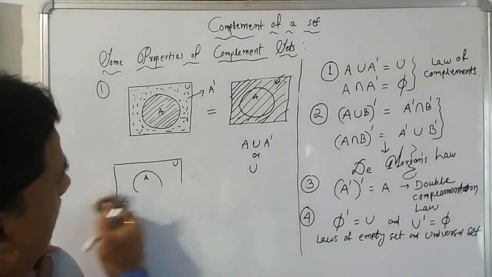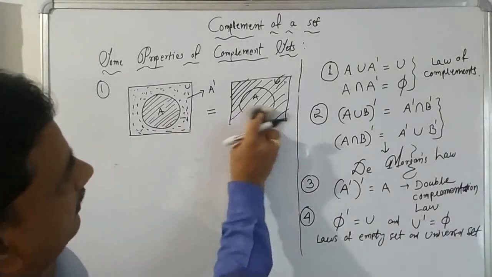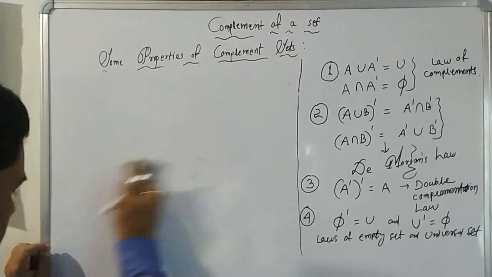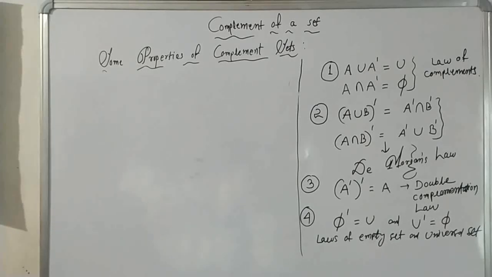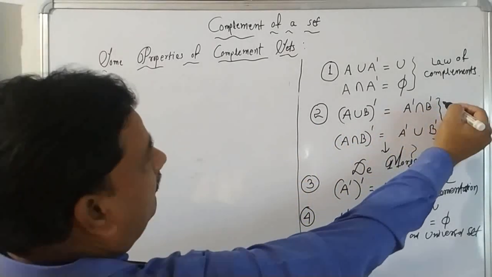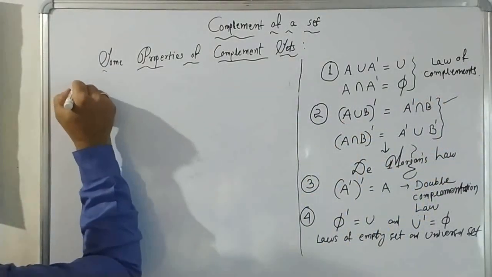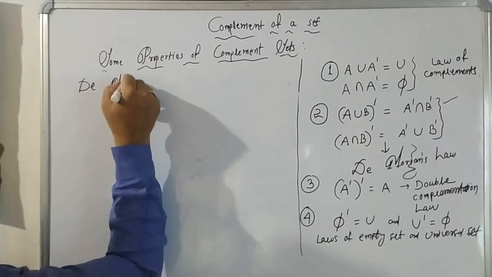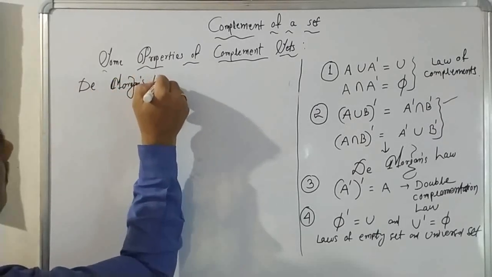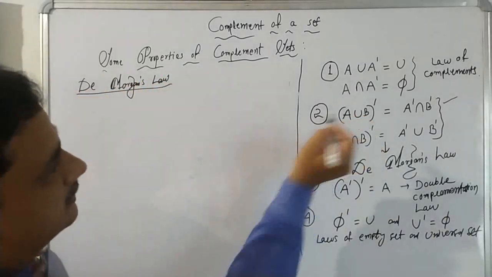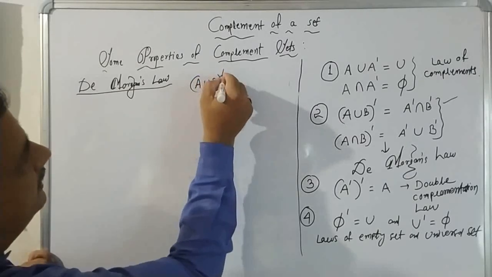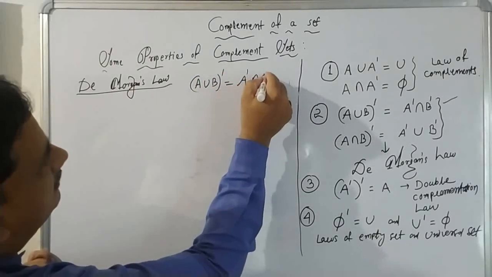Over this one. Next, second one, De Morgan's law. For De Morgan's law, this one I am doing, another you will do. Let us take this one: A union B whole dash is equal to A dash intersection B dash.